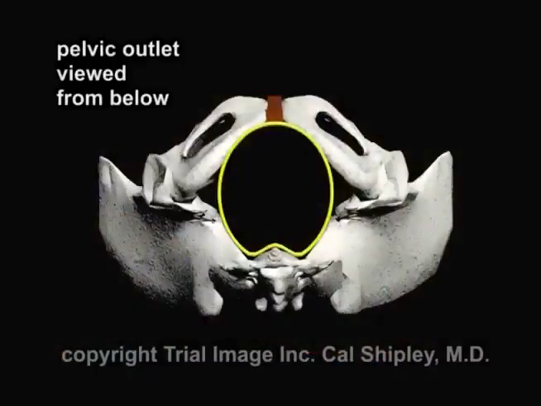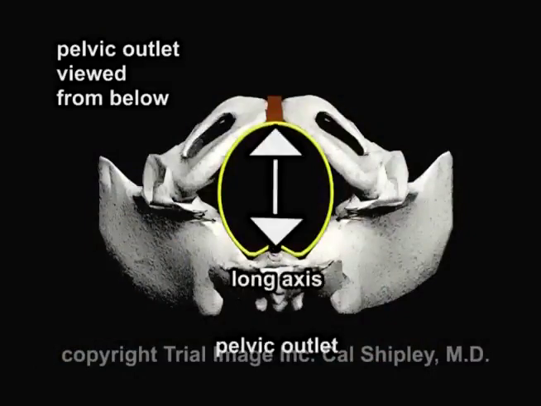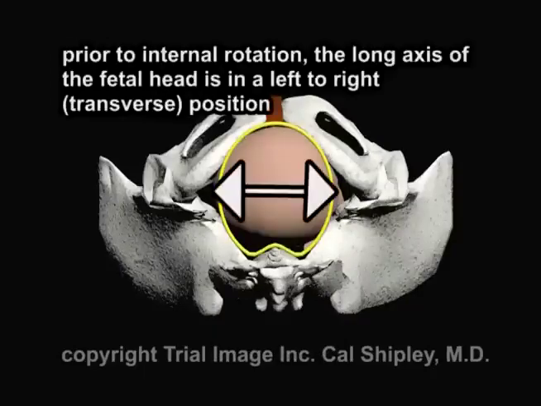To make this a little easier to see, recall our view from below of the pelvic outlet from earlier in the presentation. Recall also that the long axis of the outlet runs from front to back. Prior to internal rotation, the long axis of the fetal head is lying in more of a transverse left-to-right position.